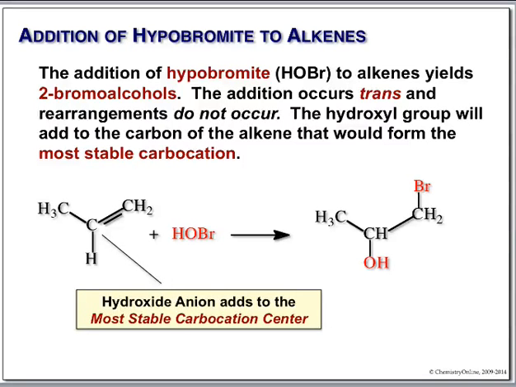Same question over and over and over again, right? Which one would give the most stable carbocation? Well, the secondary would. That is where the OH group goes. We say that this is Markovnikov relative to the hydroxyl group.